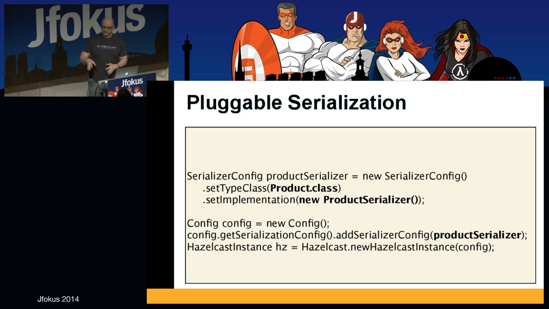The cool thing is that the serialization is pluggable and you can override the behavior which is already there. So in this case I have a serializer config where I say for this particular class of product I'm going to use this particular serializer, in this case the product serializer. And I can create a new configuration where I register that product serializer.